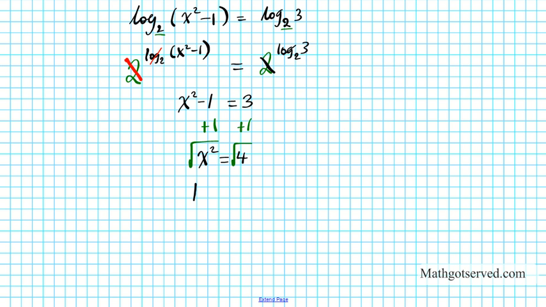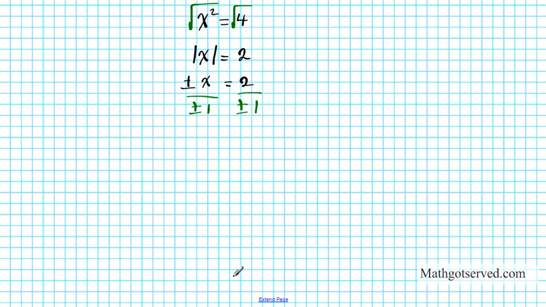So I have the absolute value of x equals 2. Absolute value can be written as plus or minus x equals 2. And I'll divide both sides by plus or minus 1 to get rid of the plus or minus on the left side. So x equals plus or minus 2. So the solutions are x equals 2 and x equals negative 2.